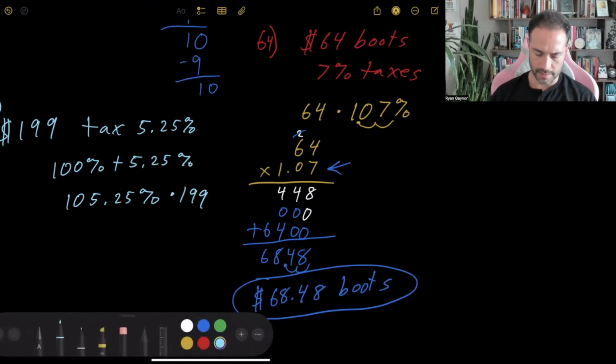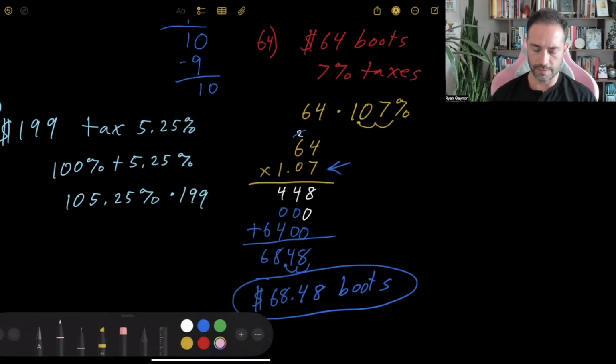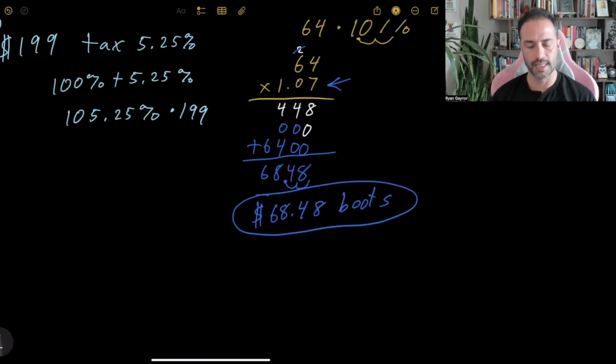Okay, so now at this point, if you don't want to handwrite it, I would highly recommend that you use a calculator. And again, we move this 2 places to the left. So it's really going to say 1.0525 times 199. That is a bit of a hassle to handwrite, so let's just use the calculator.